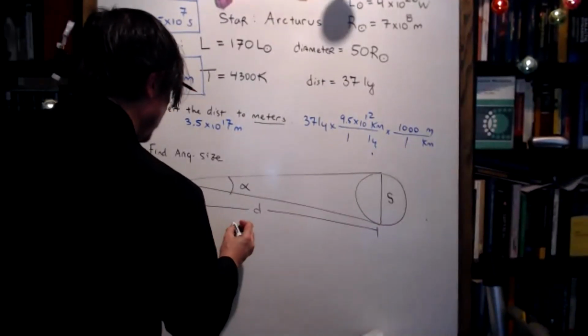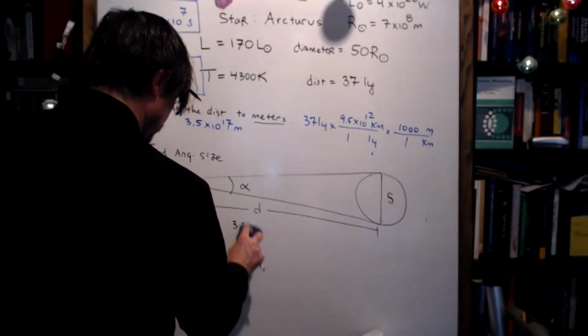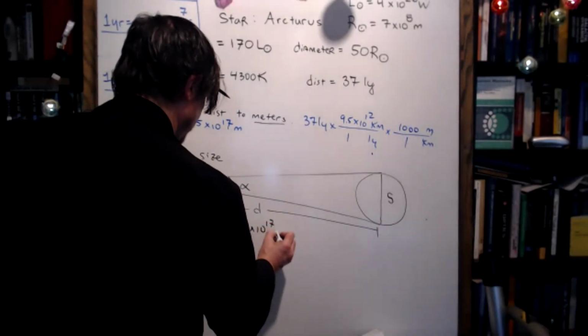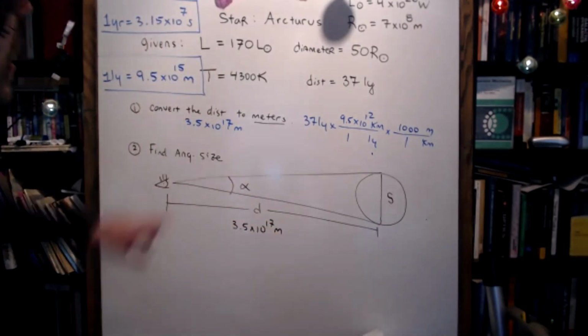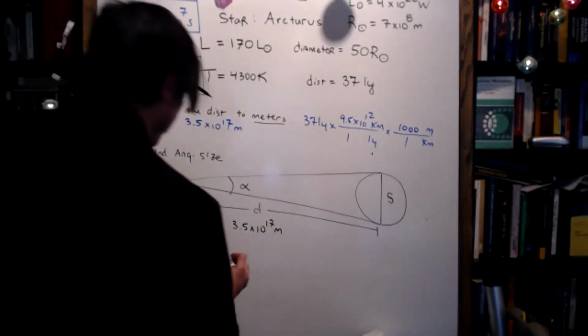I know that the distance is 3.5 times 10 to the 17 meters. I'm going to convert the diameter, 50 solar radii, into meters.